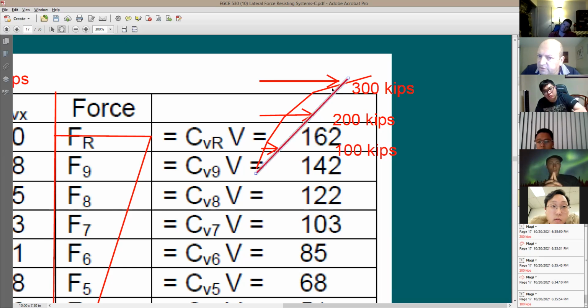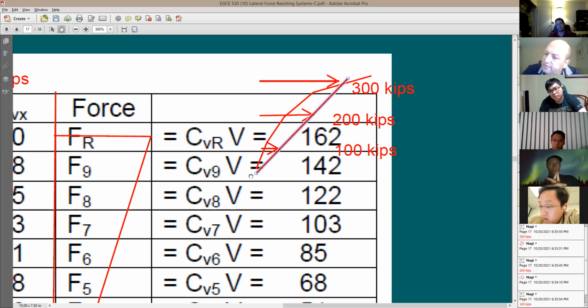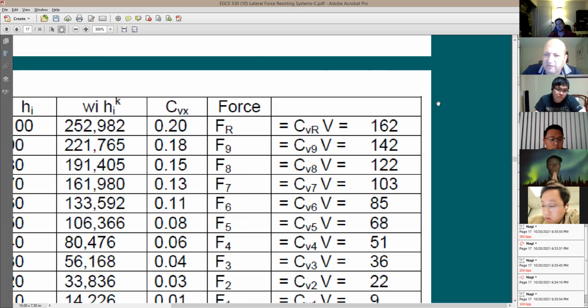The top value, which means the roof force, is going to be higher than that for the triangular distribution, the straight line, and the middle levels are going to be smaller. This is going to be the distribution when the natural period goes up, and the triangular one is the distribution when you have a low natural period of 0.5 or less.